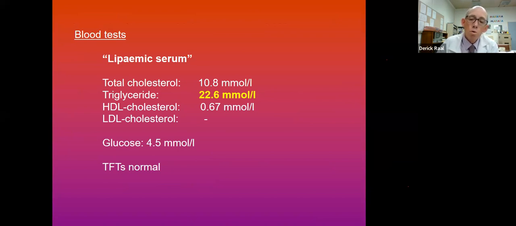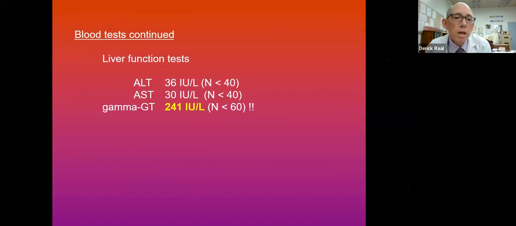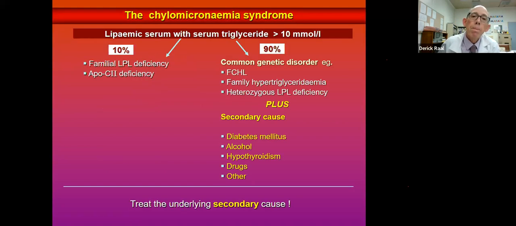His glucose was normal, his thyroid functions were normal. But as I said, we do a series of tests for our patients at Lipid Clinic, and this was his liver functions. ALT, AST were in the normal range, but he had a markedly elevated gamma GT. So when we see lipemic serum, we need to think there are underlying genetic causes, but these are a very small percentage.